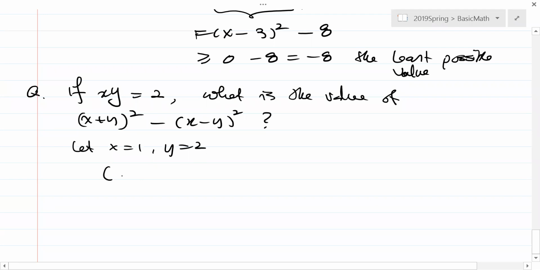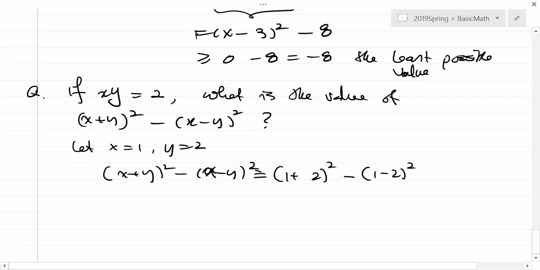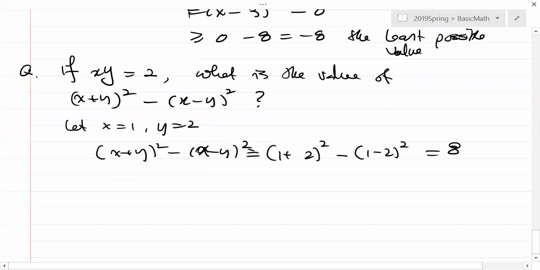Then you put it into the formula: x is 1, y is 2, so 9 minus 1, which is 8. You try a different number and you always get 8. Two or three tries is probably enough.